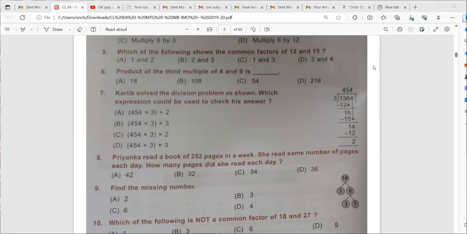Tuhin, number 7 is correct. 8 I am checking. Debangshu, number 8 is correct. Tuhin, number 8 is wrong.